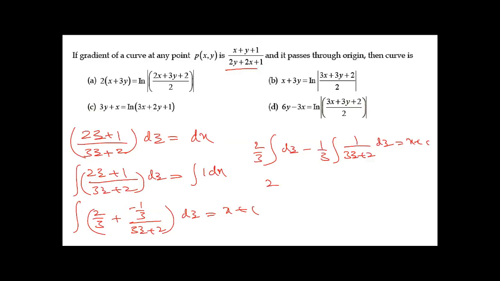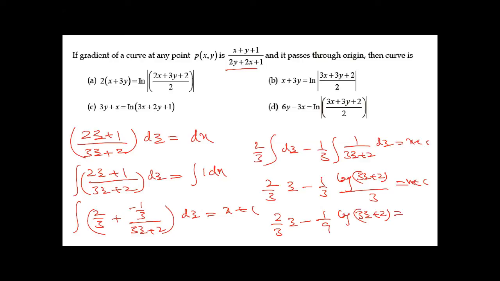So now this is 2 by 3 z, minus 1 by 3, this is a log 3z plus 2 by 3, equal to x plus c. Now on the left side 2z by 3, minus 1 by 9 log 3z plus 2 equal to x plus c.